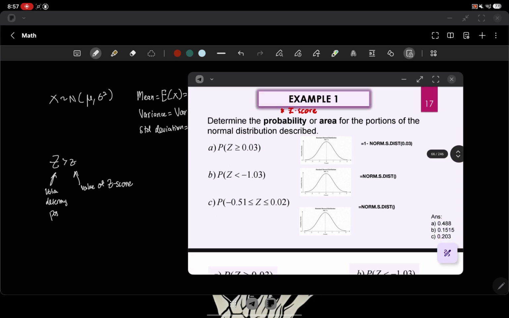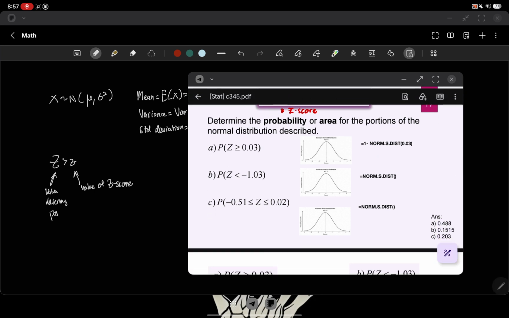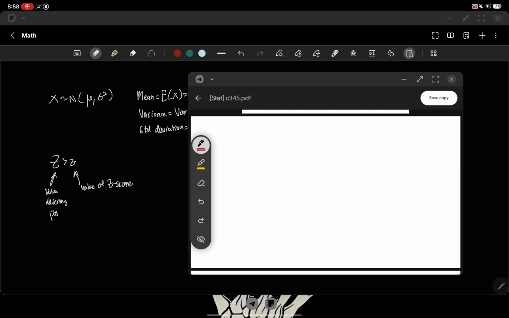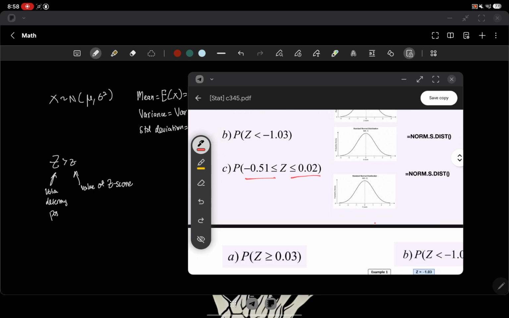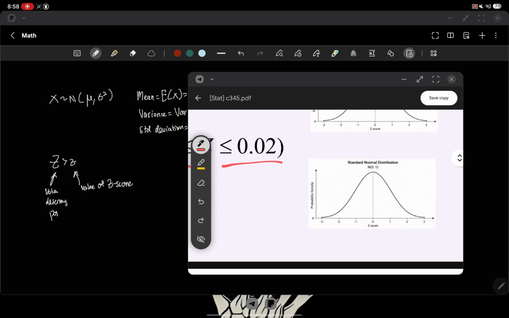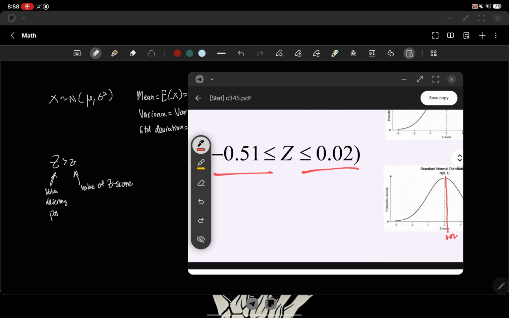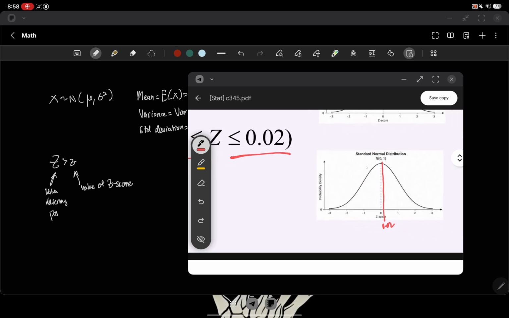And if it's less than 0.02 and more than negative 0.51, it means 0.02 is located somewhere here, and then negative 0.51 is located somewhere here. So this is our region to be found.